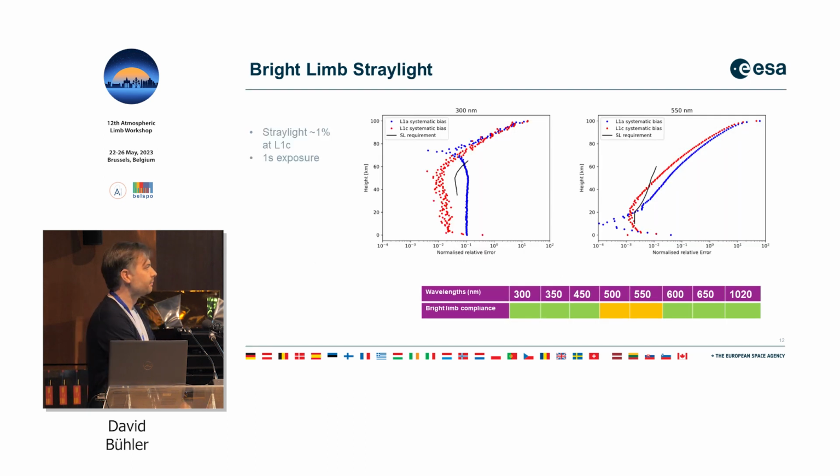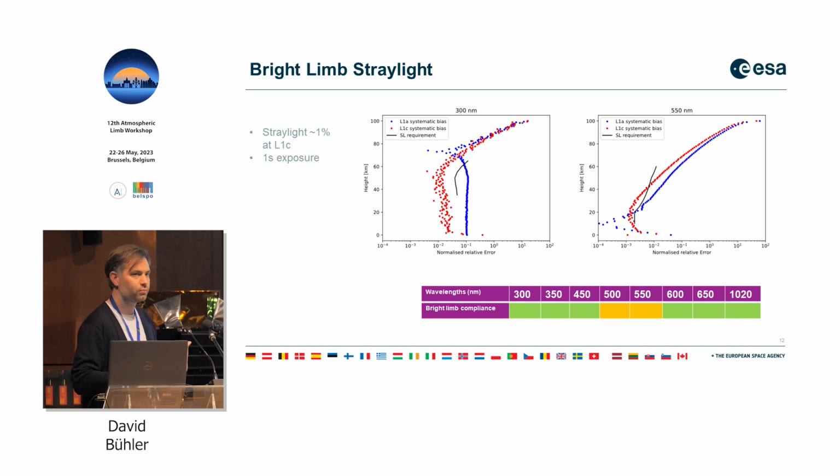Stray light, again, this is related to the bright limb PSF deconvolution. Before deconvolution, we have this black line, which is the requirement we have been set: generally less than 1% of the signal should be stray light. Without a deconvolution, we do not meet that, despite the baffling and the field stops within the instrument.